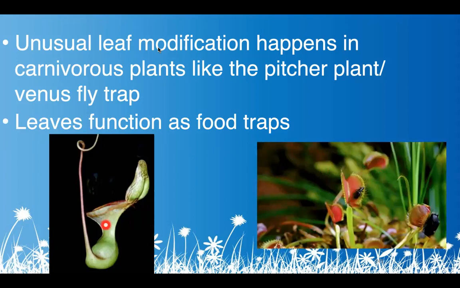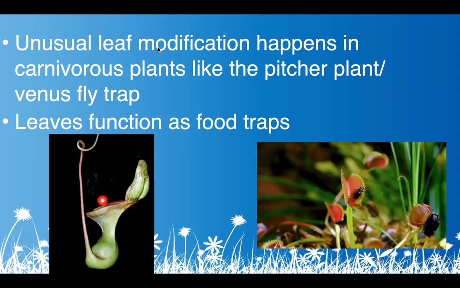Now for the pitcher plant, there are a couple of adaptations. First, the lid of the cup, or the pitcher, usually has a nectar-type fluid on it, and the sides inside are very slippery.